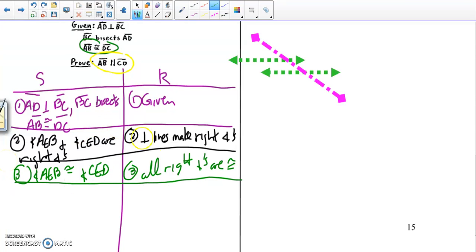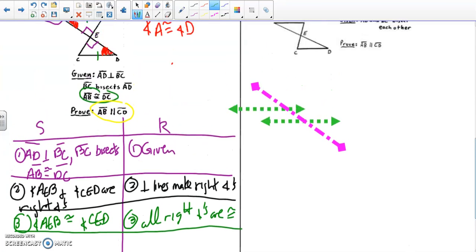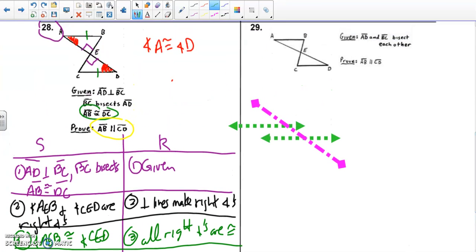So there's the second piece of our puzzle. We now have two pieces of this triangle congruent. So all we need is one more to get to that kind of chain reaction goal at the end. So looking at our picture, we have the right angle, we have AB congruent to CD.